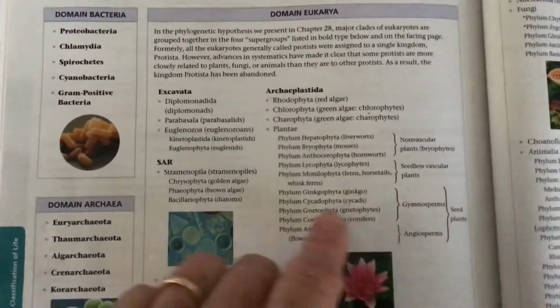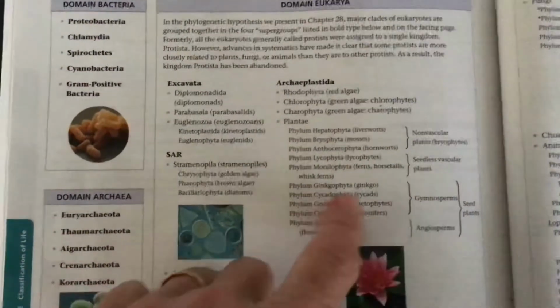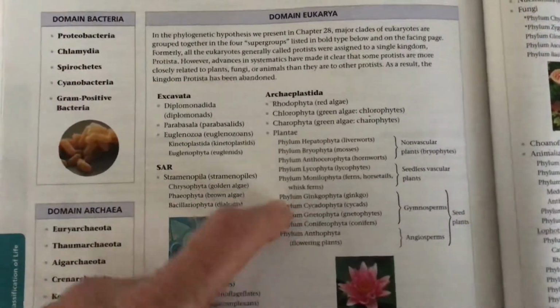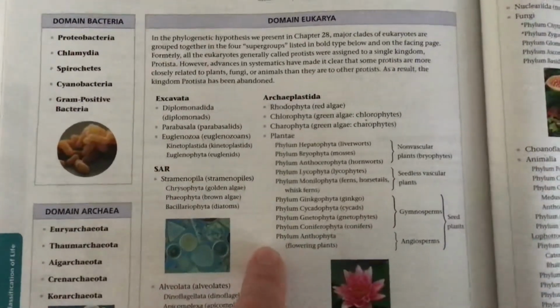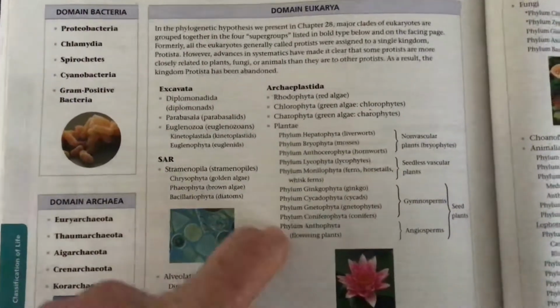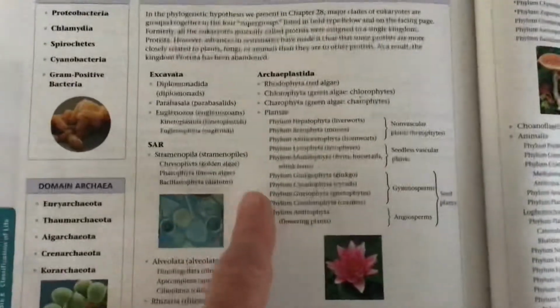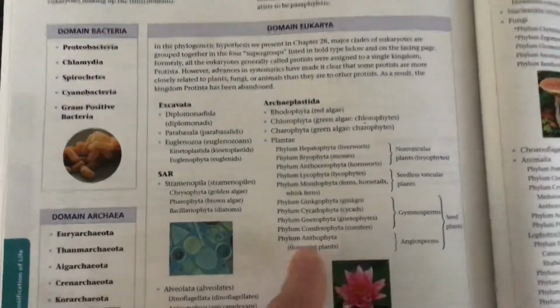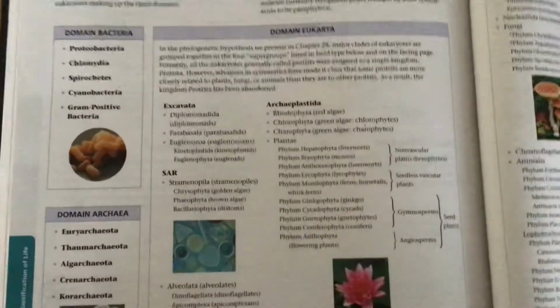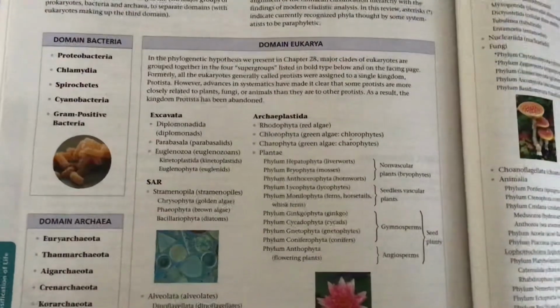And then you have the gymnosperms, which are these phyla, and then you have the angiosperms, which are these, okay? And then underneath these, we will have the groups monocot and dicot, okay? So that would be classes, okay? Those are the only two classes really that we're going to cover for plants.